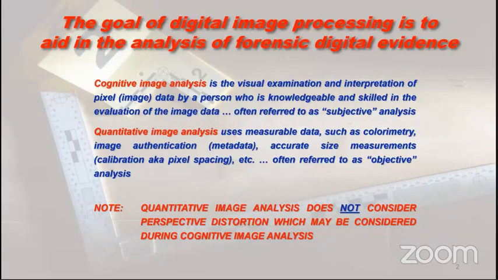Then we get into the quantitative image analysis, which uses actual measurable data. When we get into image authentication and image verification, we have certain components that we are concerned with in validating whether the image is a true, accurate and reliable image.